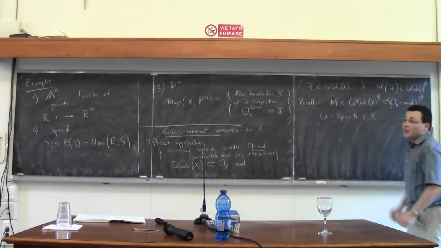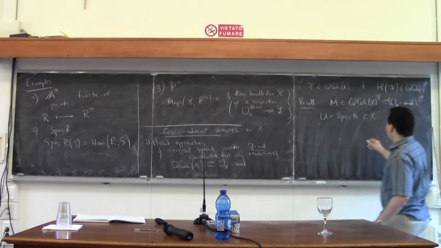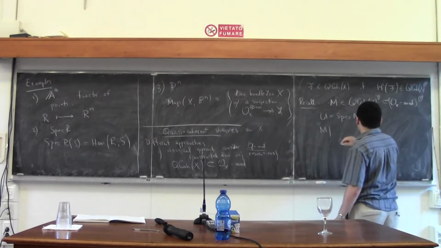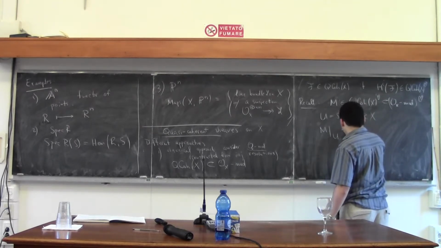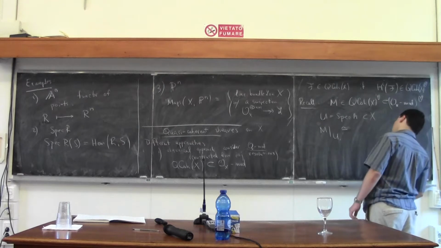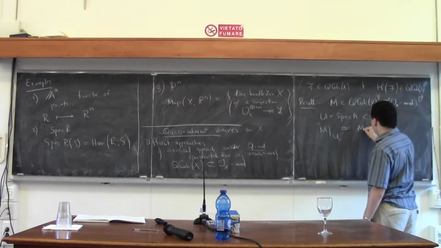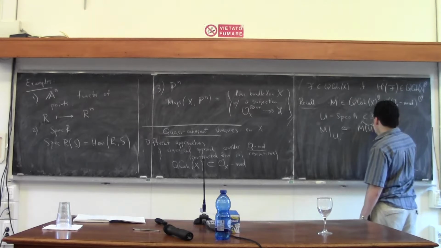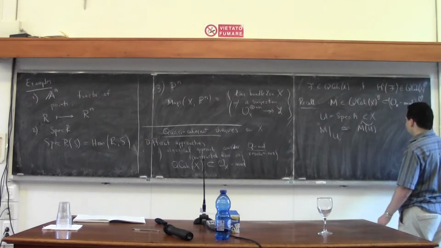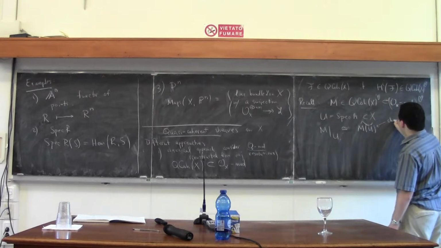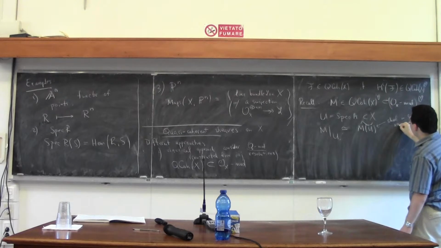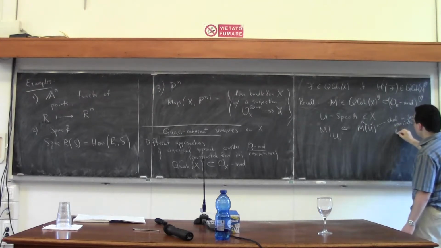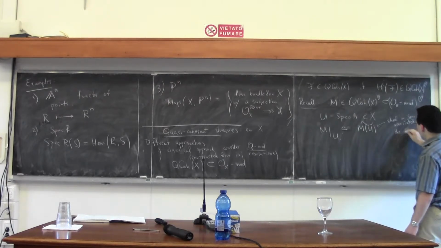The notation for affine is the spectrum, Spec A. Then the restriction of M to U is isomorphic to M(U) tilde, the sheaf on Spec A associated to the A-module M(U).